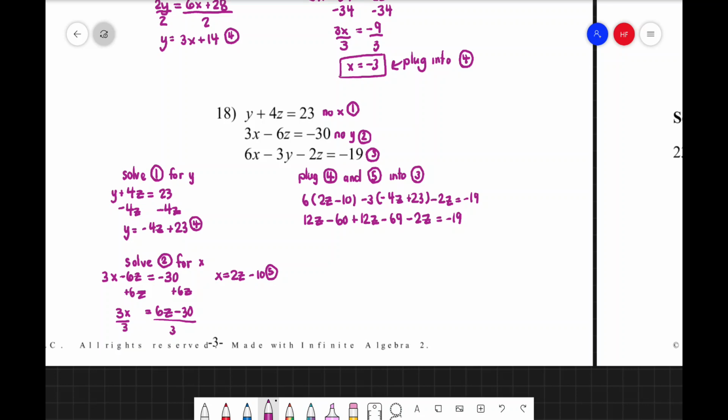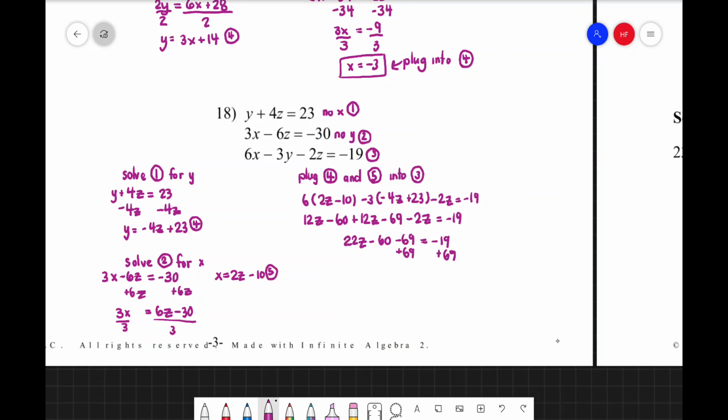Combine on my like terms. So I see that I have all z's here, which is exactly what I wanted. So 12z plus 12z is 24z, minus 2z is 22z, minus 60 minus 69 equals negative 19. Add that 69.